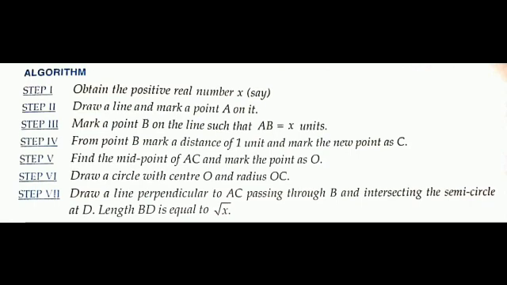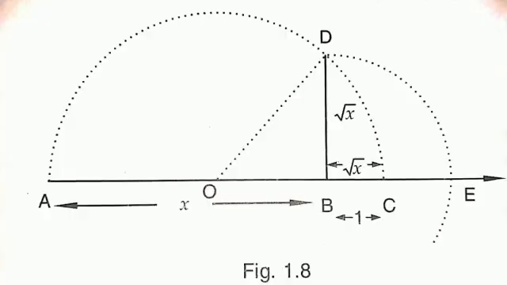That is, at B we will have to draw a perpendicular intersecting the semicircle at D. Length BD is equal to root x. This will be more clear when you observe the given figure here, figure 1.8.